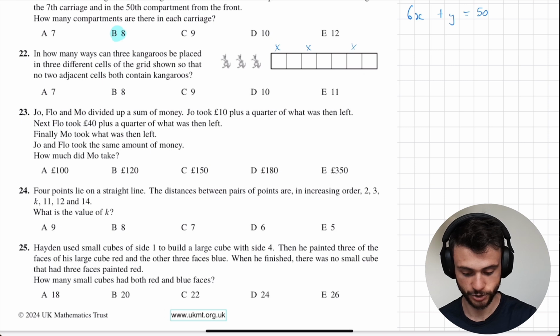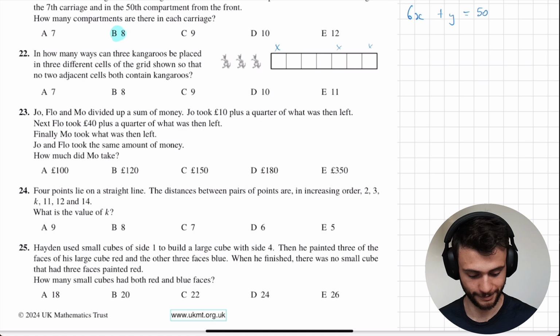So that'd be the second option, the third option, fourth option, the fifth option, the sixth option. Sorry, this is probably getting really boring.